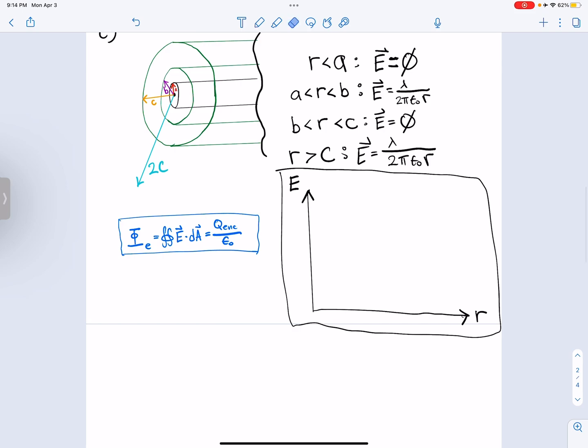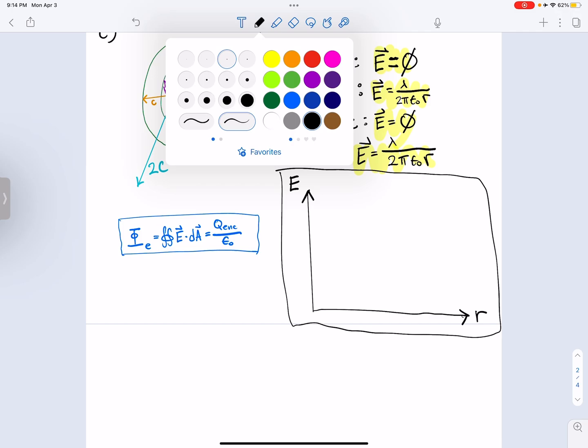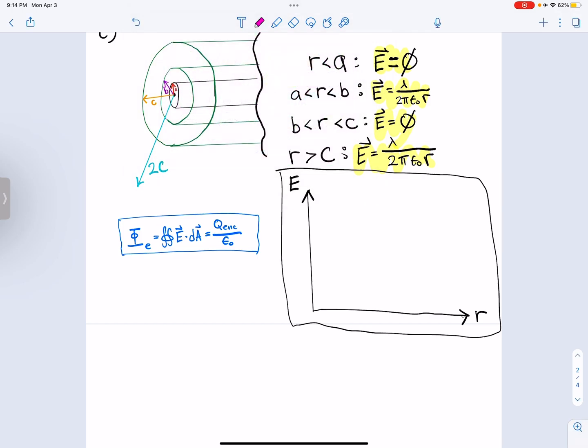And we've got our values for electric field right here. So let's put our values for radius. We have when radius is 0, when radius is a, when radius is b, when radius is c, and then anything greater than c.